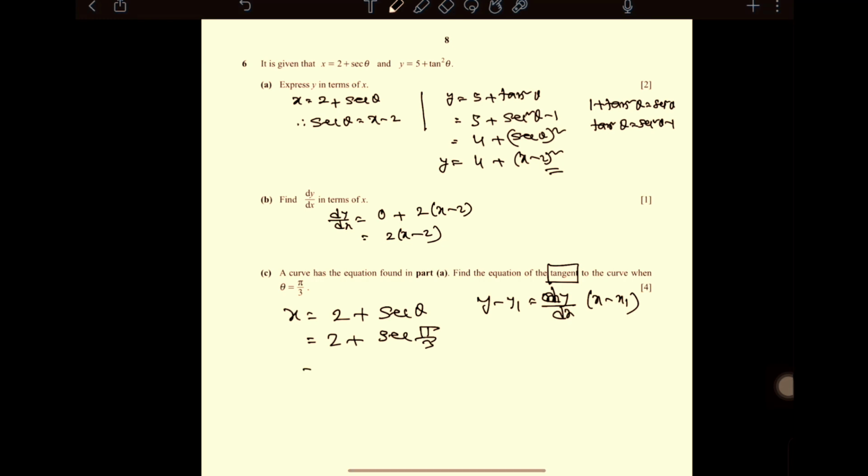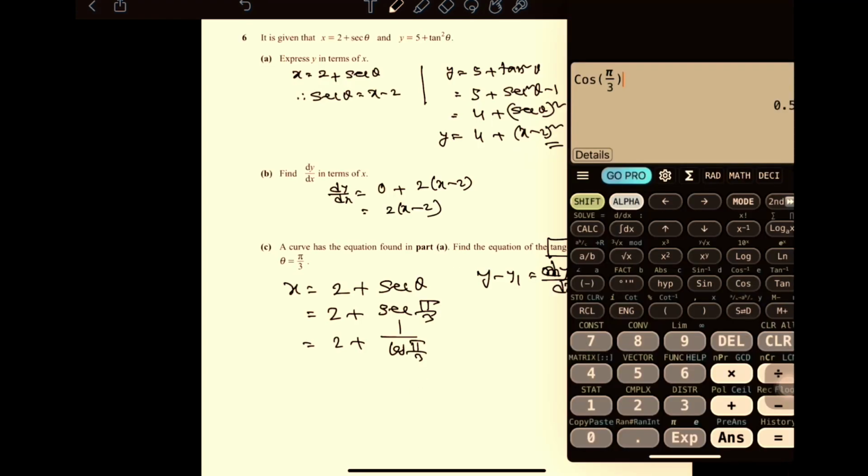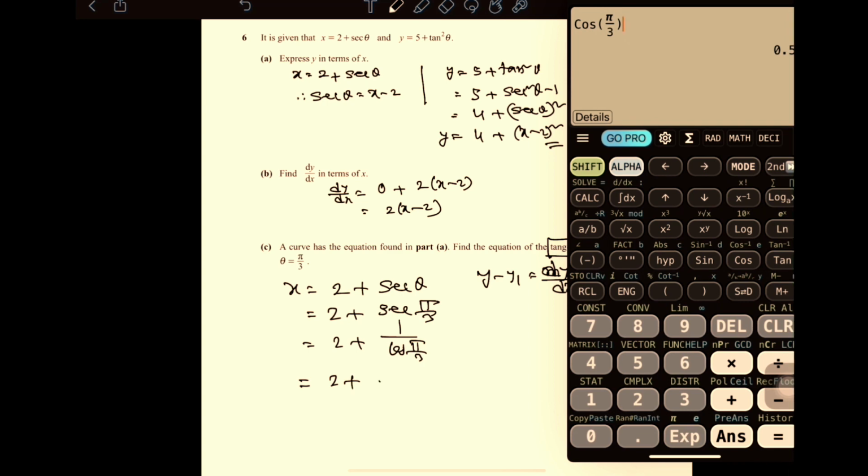We know sec pi by 3 means 1 by cos pi by 3. This is half, so 2 plus 1 by 1/2, so 2 plus 2, that is 4.